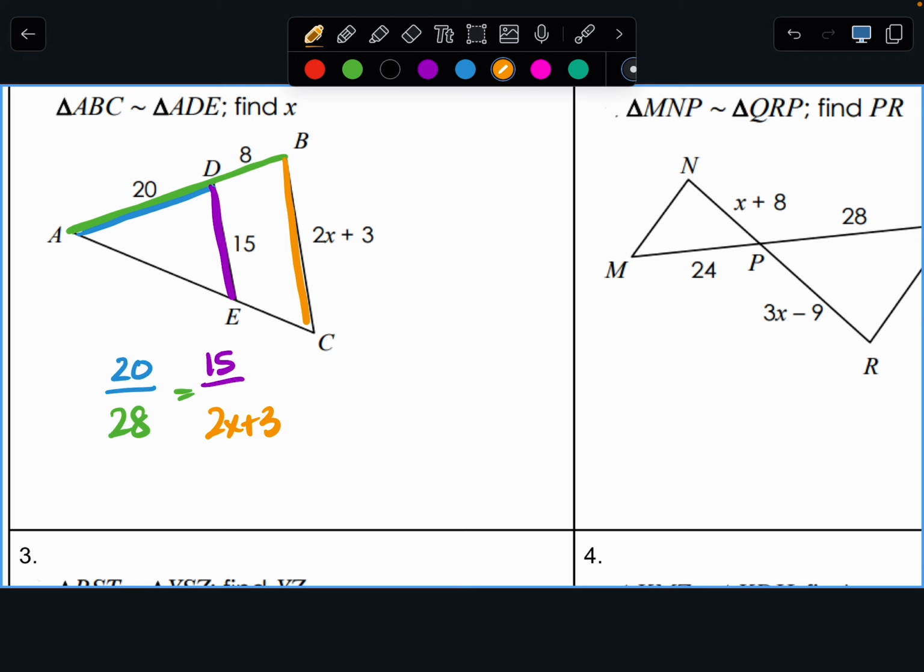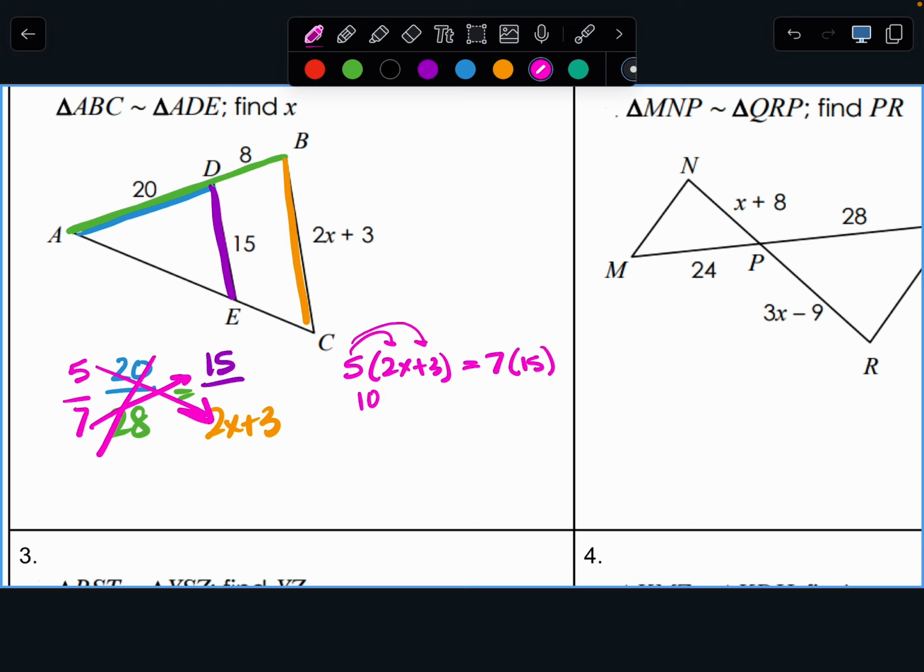So that's all we have to do, is to be able to cross multiply. Now, I can simplify this fraction. If you can see this, it makes it easier. If I divide those both by 4, that's 5 over 7. That makes easier numbers to deal with. So that when I cross multiply, I have 5 times 2x plus 3 equals 7 times 15.